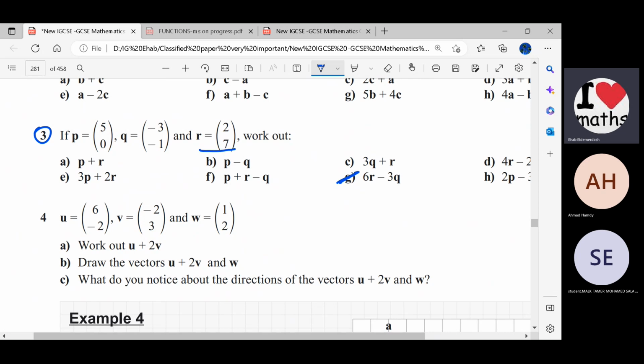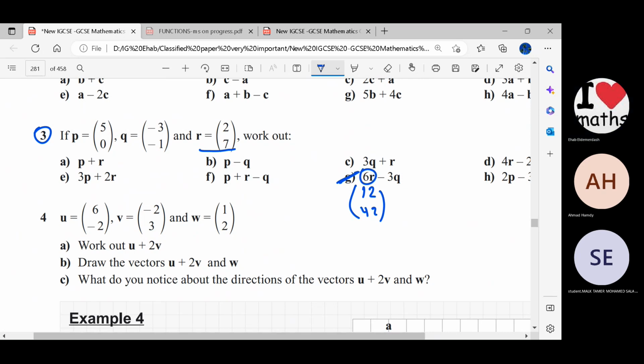We agreed that this is R. 6R means we will draw a parallel vector to this one, or we just multiply the vector. Scalar multiplication means I have to multiply x and multiply y, for the top and for the bottom. So 6R we can write as 2 times 6, which is 12, and 7 times 6, which is 42.